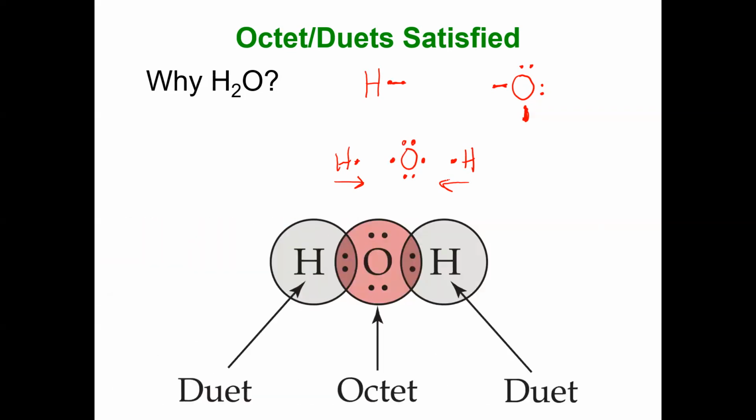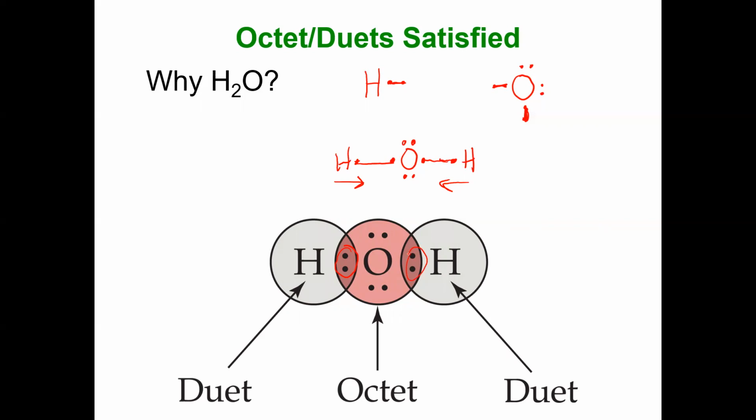As they approach, the overlap results in a sharing of electrons. So now hydrogen shares one, oxygen shares one. We see that in this bond. The hydrogen valence electron here and the valence electron of this oxygen, now that space overlaps, and we see that here.